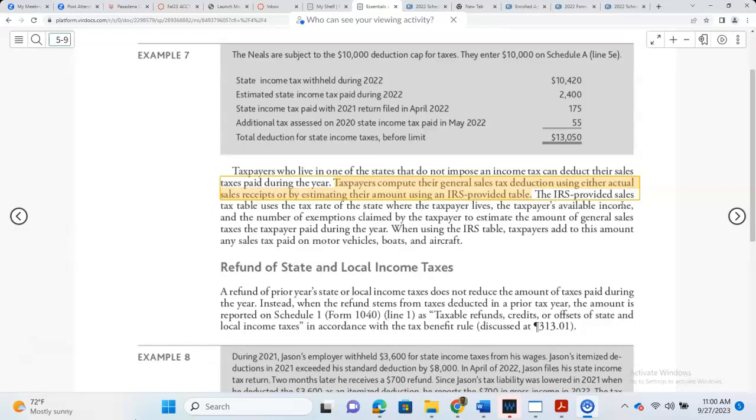The IRS provided sales tax table uses the tax rate of the state where the taxpayer lives, the taxpayer's available income, and the number of exemptions claimed by the taxpayer. So they kind of look at how many dependents you have, how much income you have, and which state you are living in in order to calculate that.